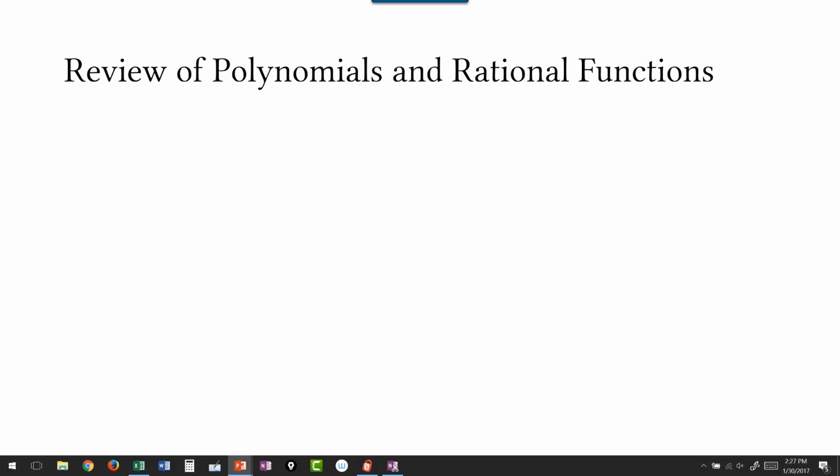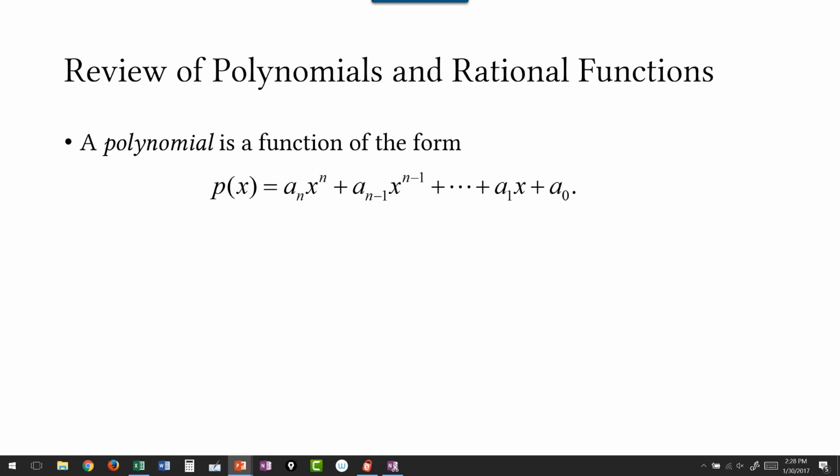So we want to talk a little bit about polynomials and rational functions to review some terminology and notation. First, we have polynomial functions. Those are functions that involve only constant multiples of positive integer powers of x. In the example here, the a's, a sub n minus 1, all the way down to a sub 0, those are constants.